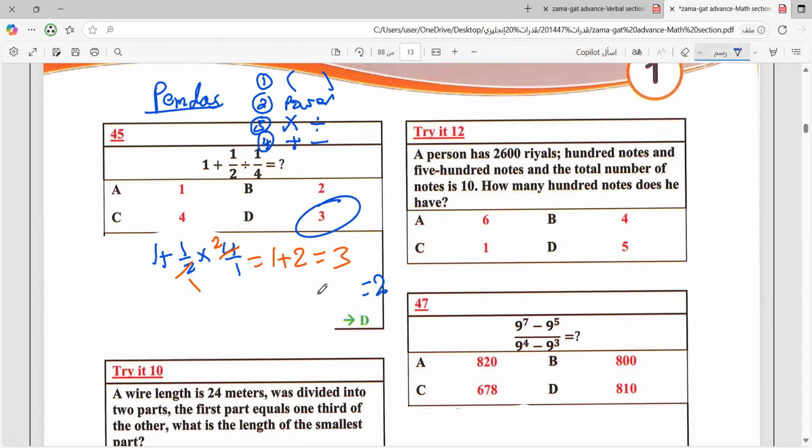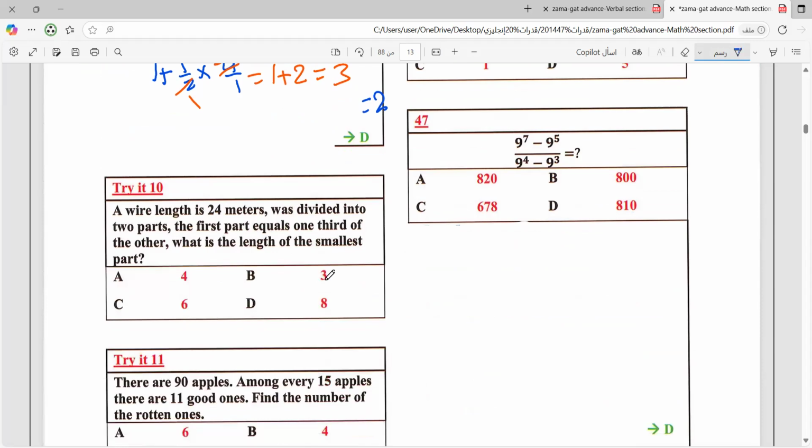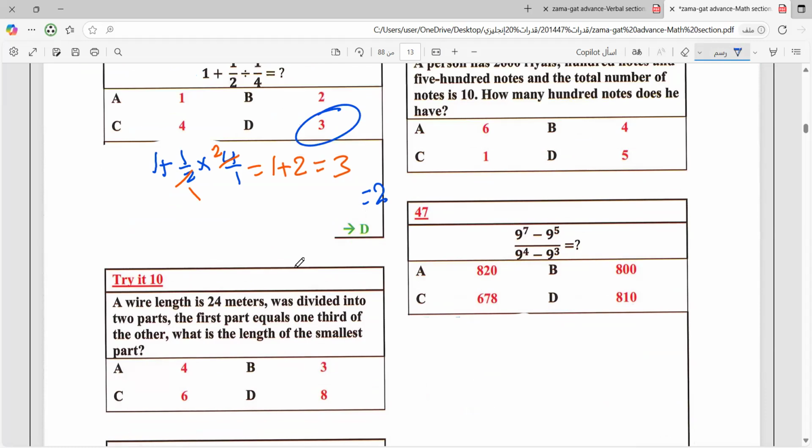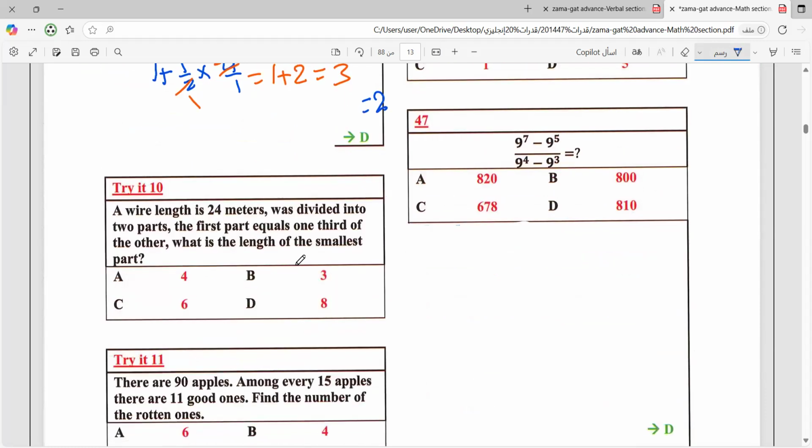Clear? Yes. Okay, Siam. Continue also. Read the question. A wire length is 24 meters, divided into two parts. The first part equals 1/3 of the other. What is the length of the smallest part? Okay, I will explain this question to understand the meaning. We have a wire of 24 meters. We divide it into two parts.